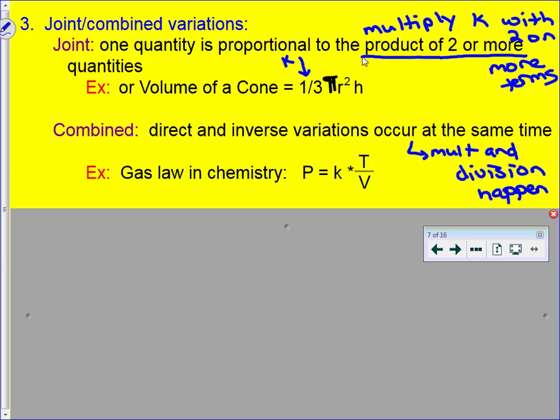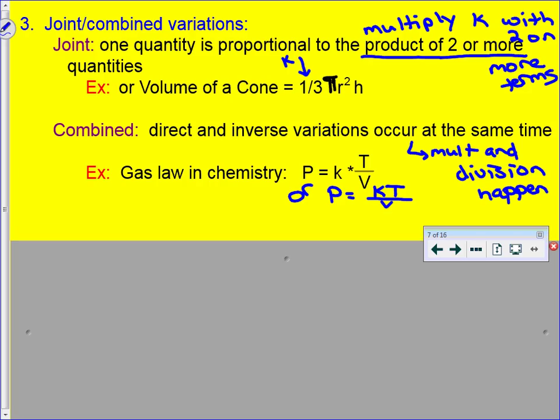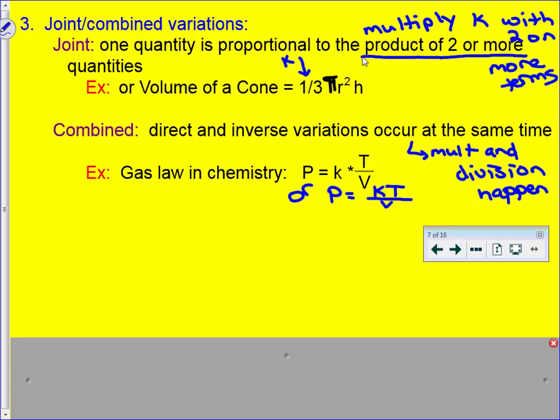You'll notice that in this equation, we could also rewrite this to be something just a little bit different, where we have our P is equal to K times T divided by your V. Those two pieces of information are both in your numerator being multiplied, and then the V is where the division comes into play in that particular equation.